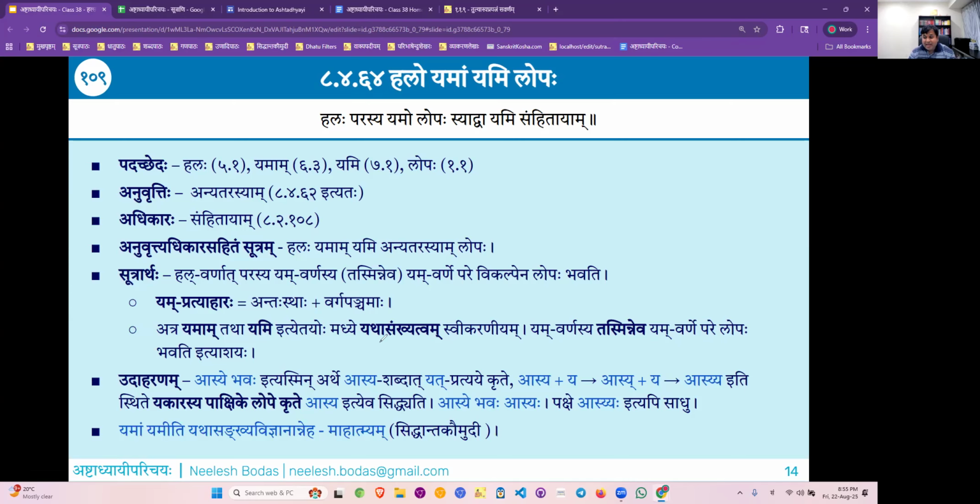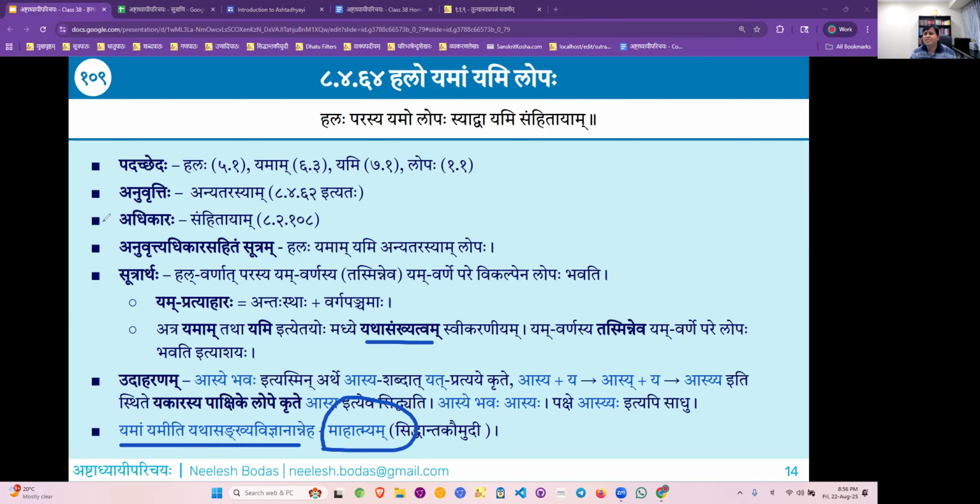Now, this yathasankhyatvam is being explained in Siddhanta Kaumudi: yamam yami iti yathasankhya vijnanat na iha mahatmyam. If you look at the word called mahatmyam, mahatvasya bhavaha, mahat what, mahattasya bhava.